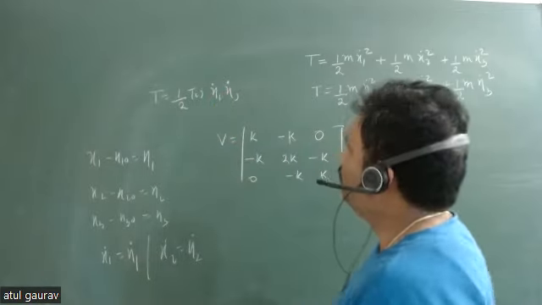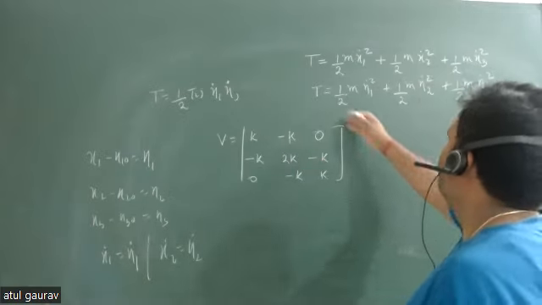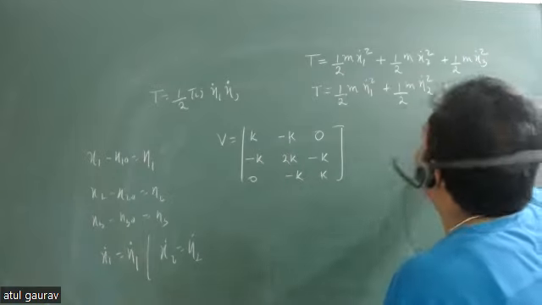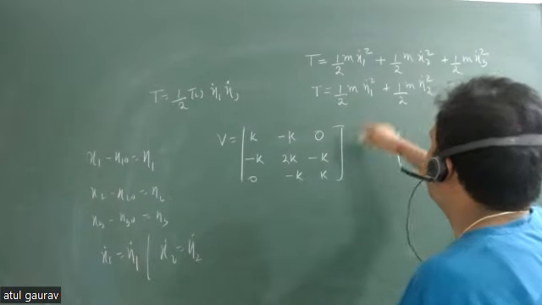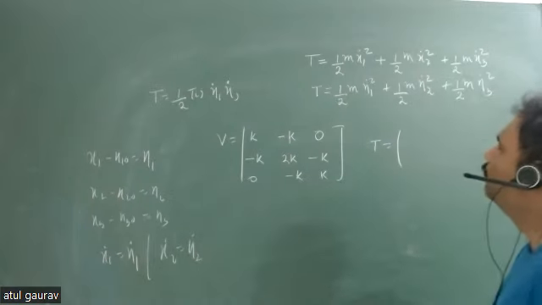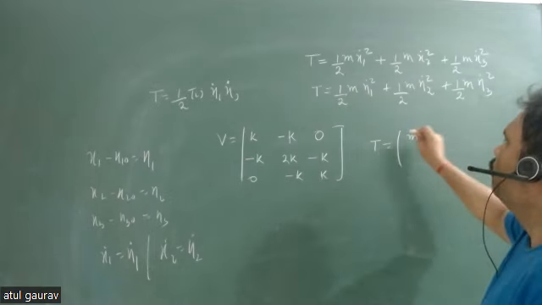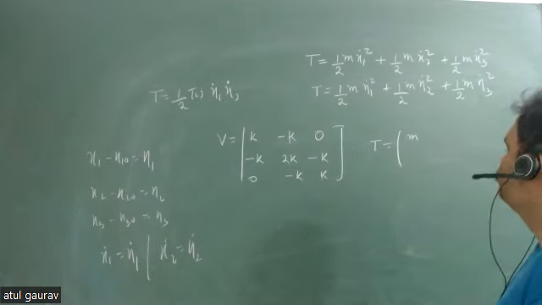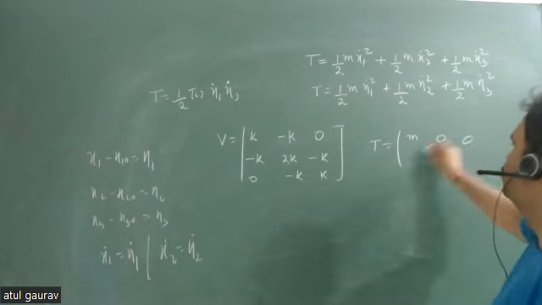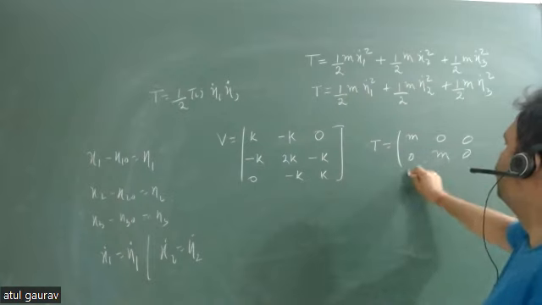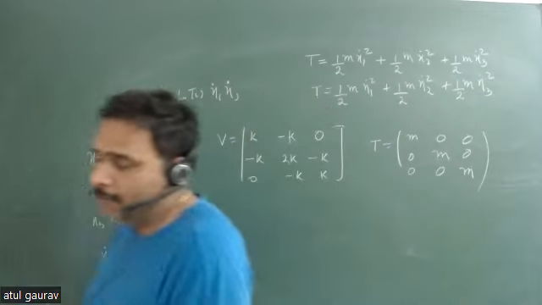Here you are very lucky that you have only diagonal terms. T11 is M. T12 is 0. T13 is 0.